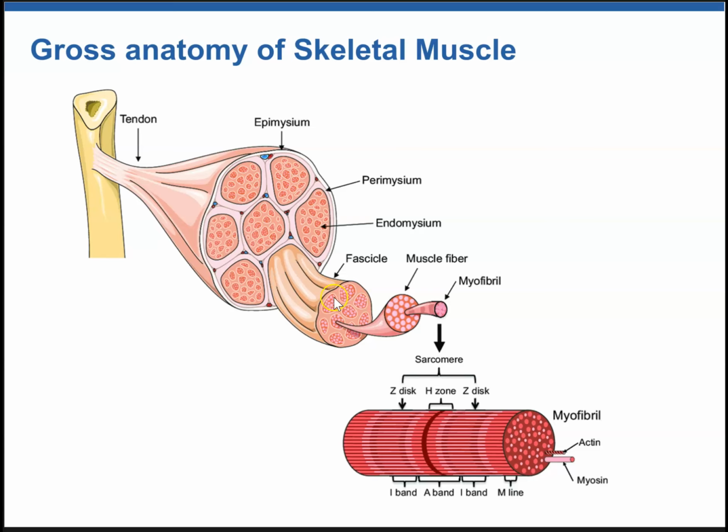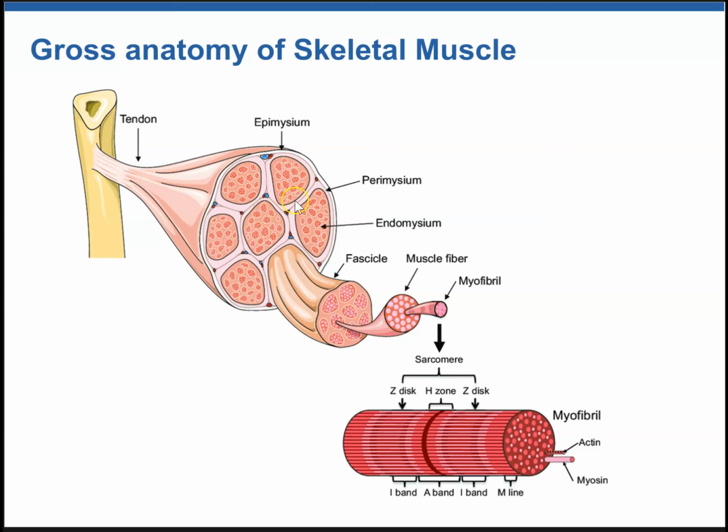Now, a group of muscle fibers is called a fascicle. So it's a bundle which is also wrapped around by connective tissue, and this layer is known as the perimysium. So the fascicle is wrapped around by perimysium. Now, a group of fascicles, this is a fascicle, this is a fascicle, this is a fascicle.